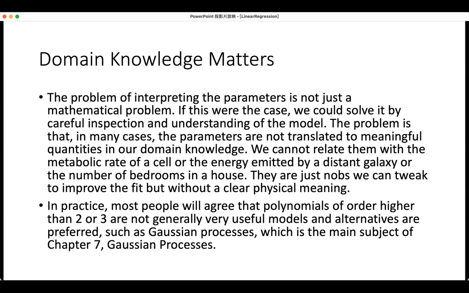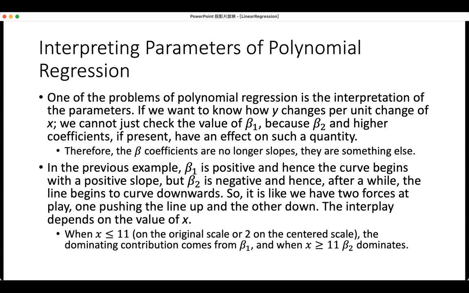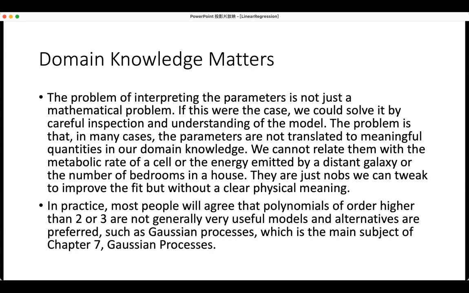For example, beta 1 and beta 2 in this example may not reflect a certain value in our domain knowledge. We cannot relate them with the metabolic rate of a cell, or the energy emitted by a distant galaxy, or the number of bedrooms in a house.